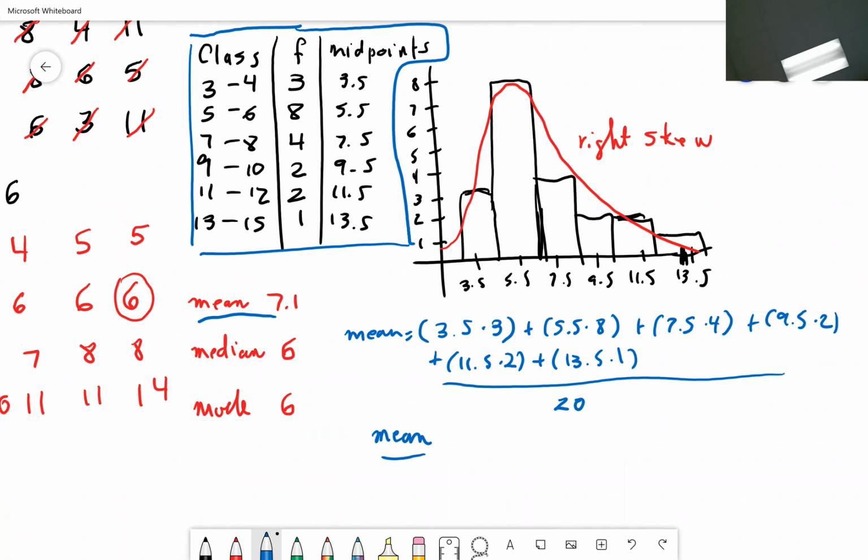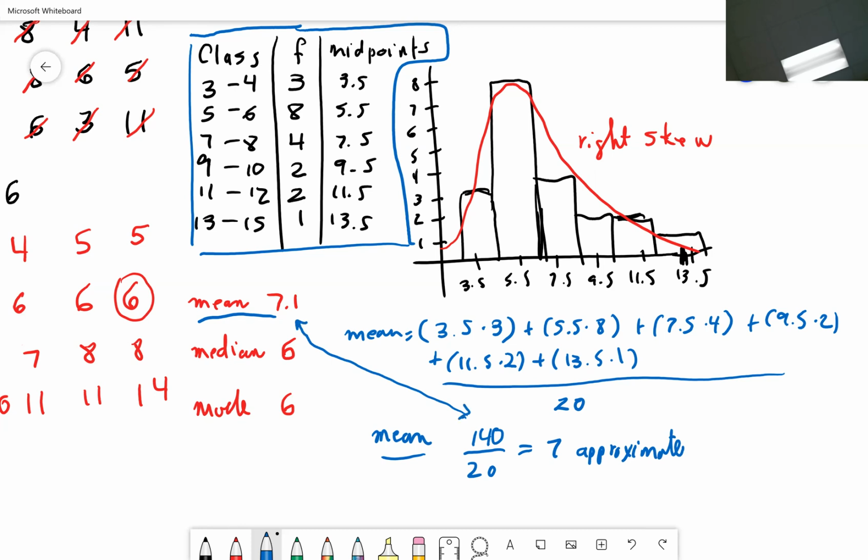I'm doing this on my calculator, so plus 13.5 times 1. And my numerator here comes out to 140. And divide that by 20. So in this case, I get exactly 7. And this will be an approximate. It's close. Not too bad. But it's still off from the actual number of 7.1.